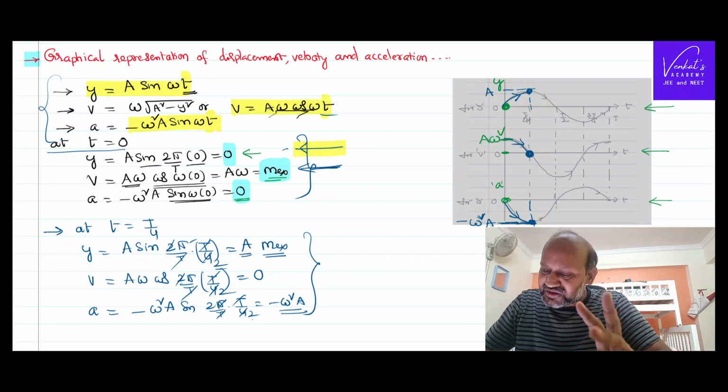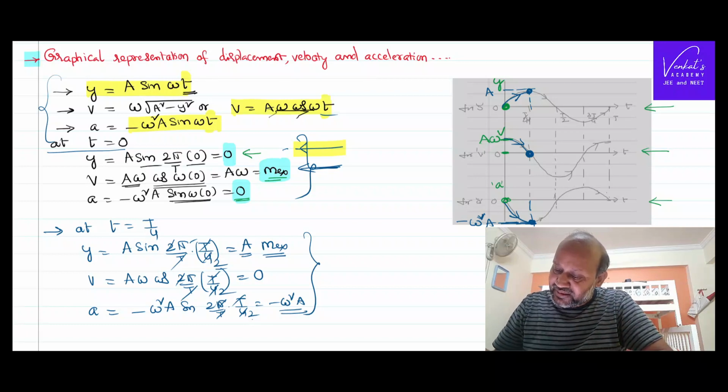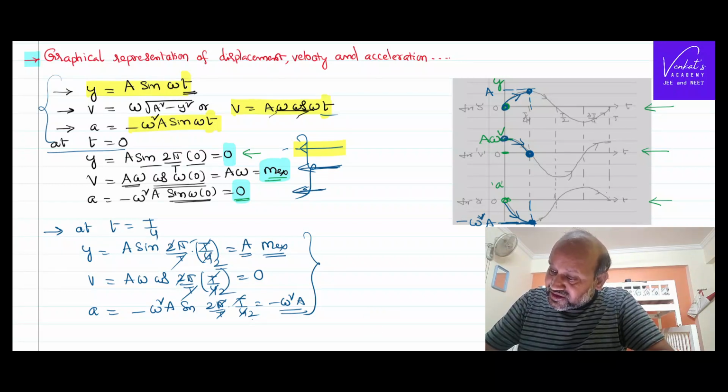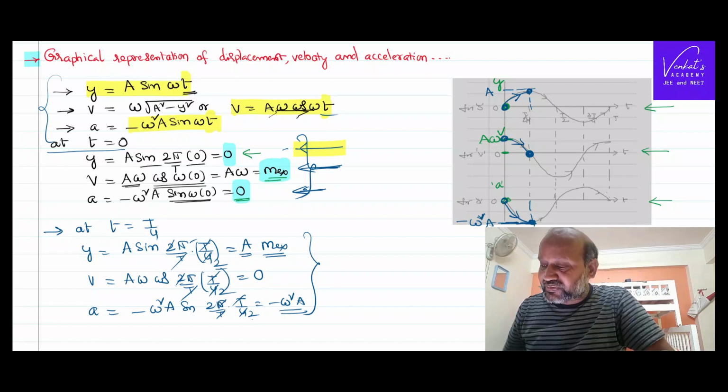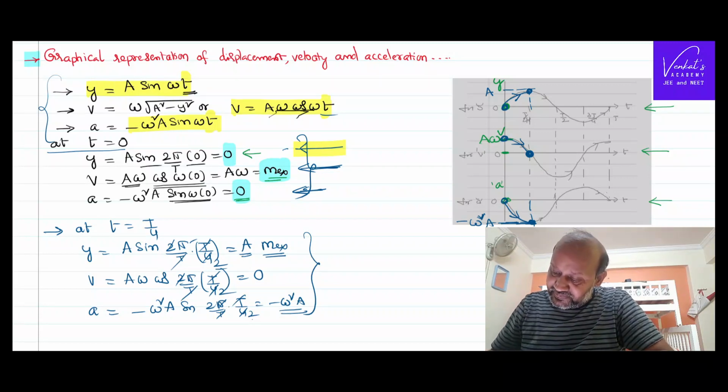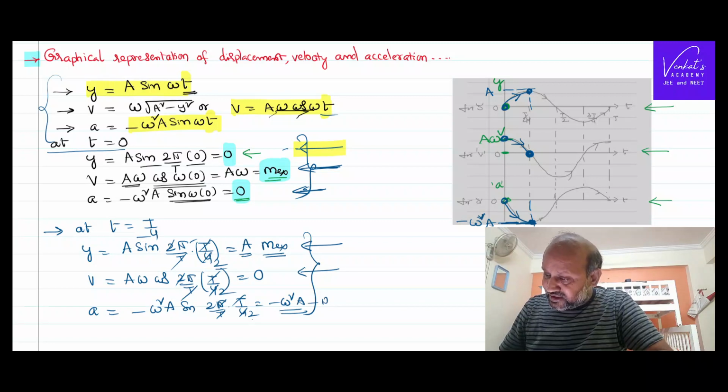But they are opposite to each other. One is 0, another one is maximum, and then again this is 0. Look here, at t equal to T by 4. This is maximum, this is 0, and this is negative maximum. So from here to here, there is a difference of 90-degree phase. Here to here also there is a 90-degree phase difference.